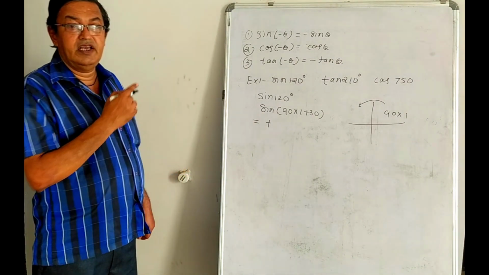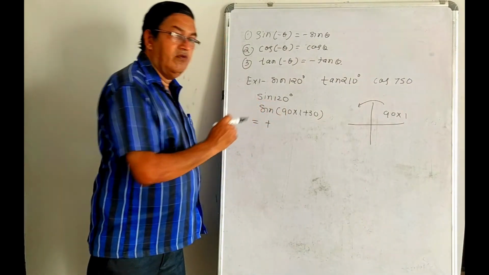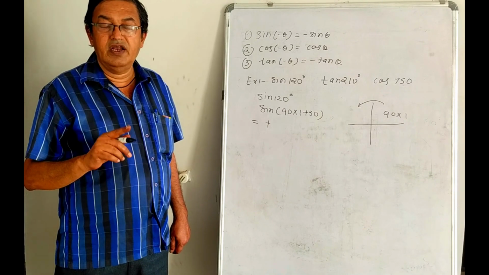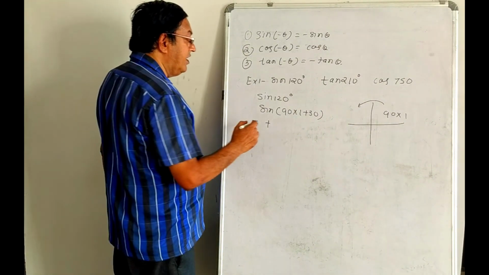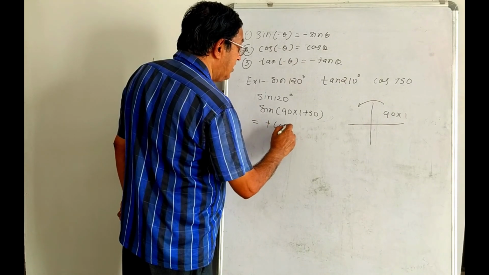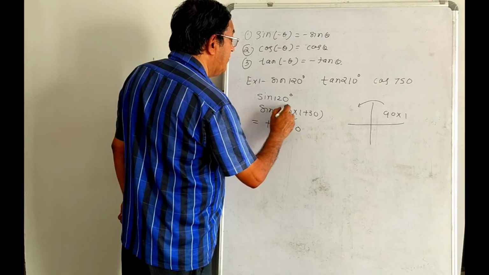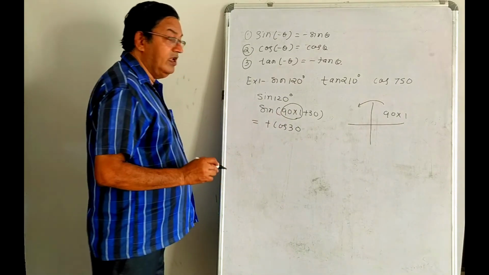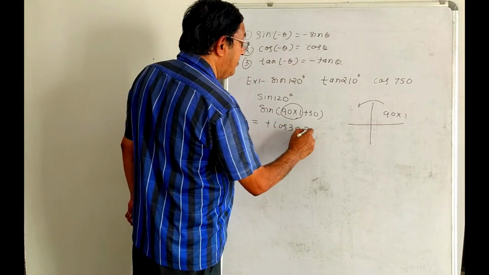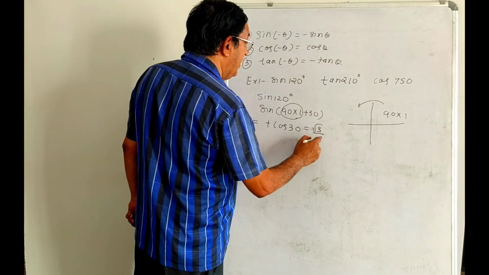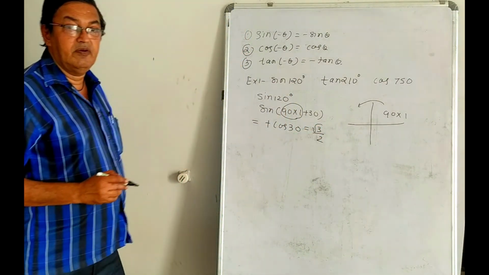Now you can see this 1 is an odd number. So when the multiple of 90 is odd, sine becomes cos. So we write this as cos 30. The 90 into 1 will vanish and we will be left with only cos 30. And the value of cos 30 is root 3 by 2. So the value of sine 120 is root 3 by 2.